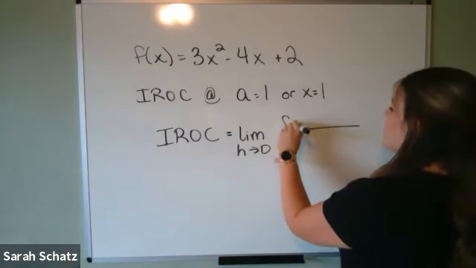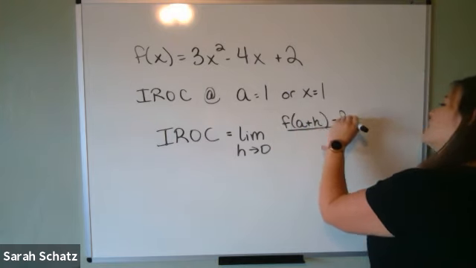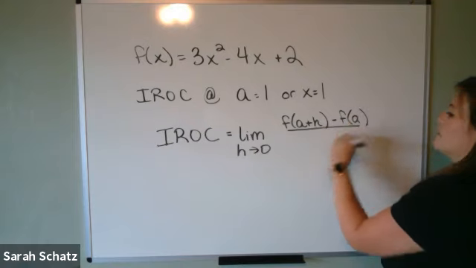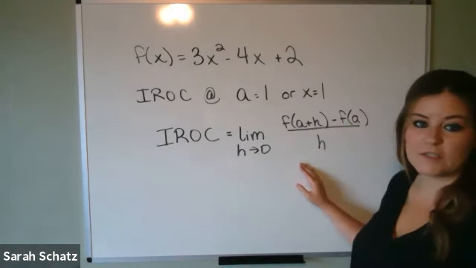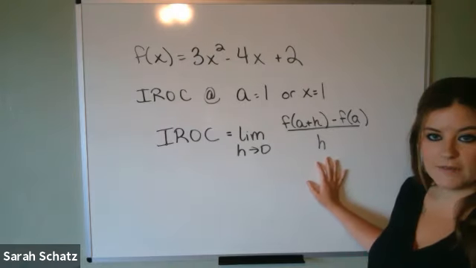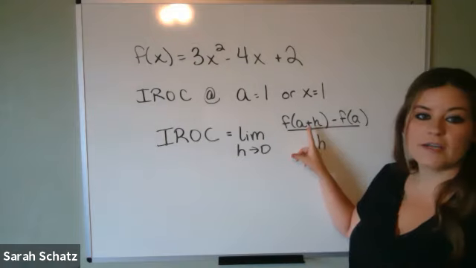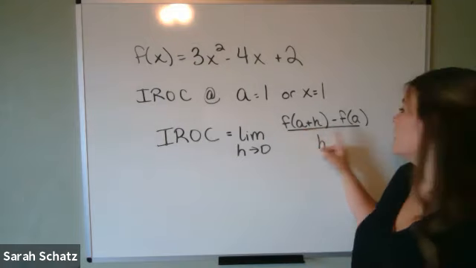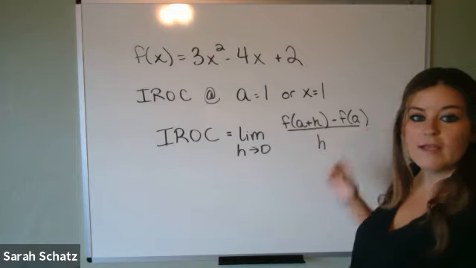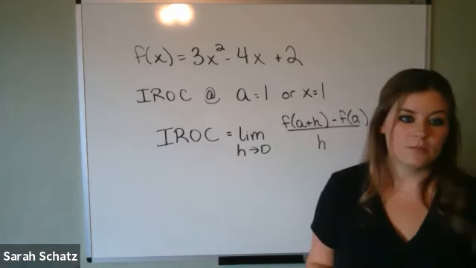So on top, we have f of a plus h, and we have minus f of a, and on the bottom, it's just h. So in order to use this formula, we have to find two things. First of all, we need to find f of a plus h, and then we need to find f of a. That way I can stick those values up here, and then I can continue working the problem.